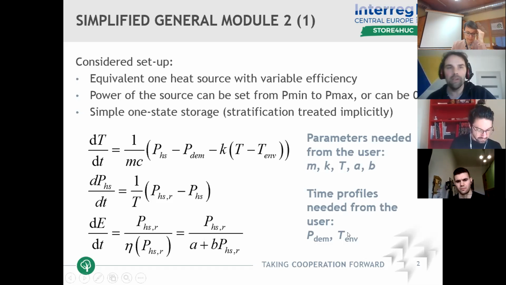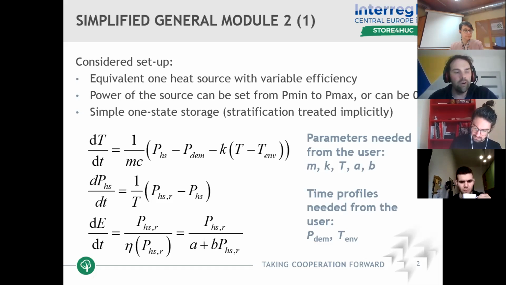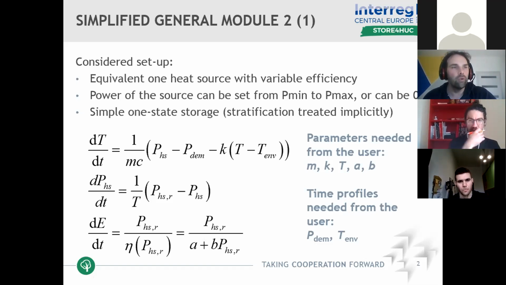Sometimes it's really easy to guess: when the storage is inside a building, it's usually a temperature around, I don't know, 20, 21, 22 degrees, where the storage is located. Or maybe if there are some heat leaks in the central heating station, then this temperature might be even much higher. But eventually, it's more or less easy to guess.